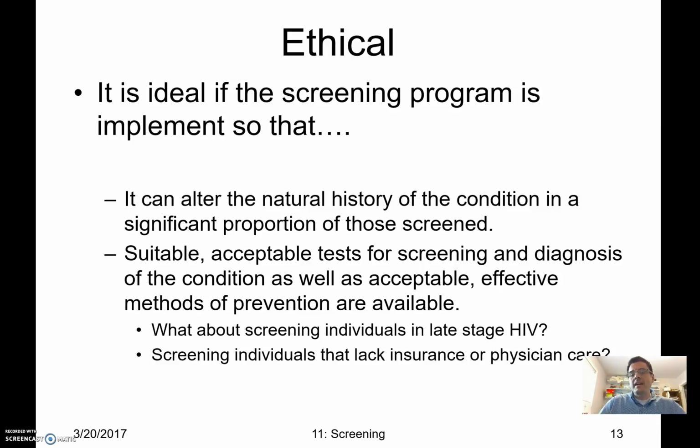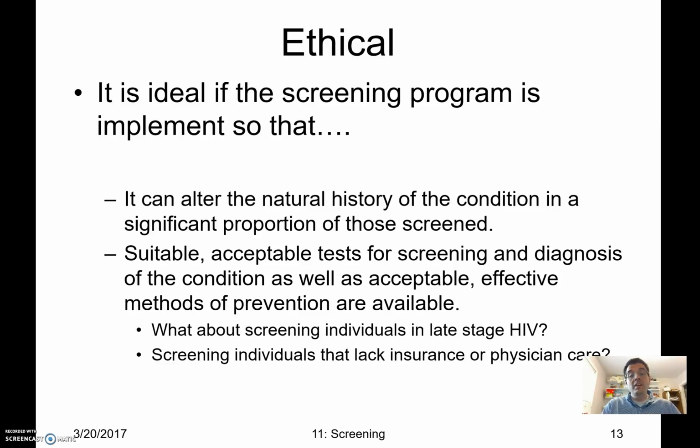So just having that information, is that really ethical? Suitable, accessible tests for screening and diagnosis of the condition, as well as acceptable, effective methods of prevention are available, and that's really important.